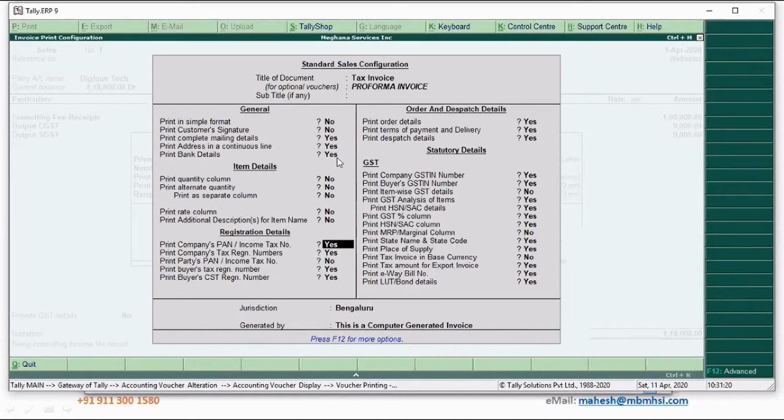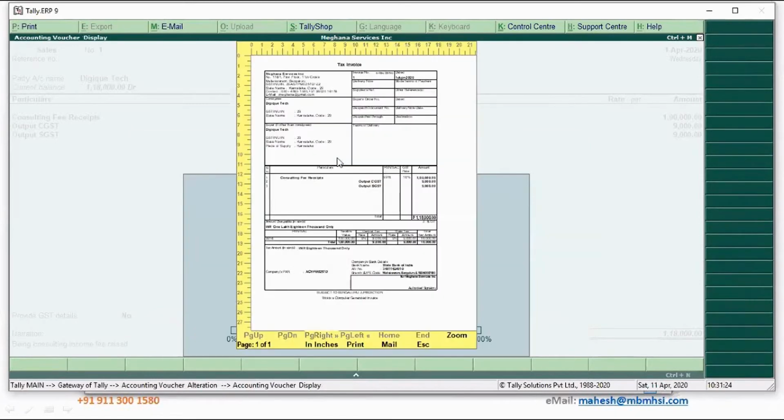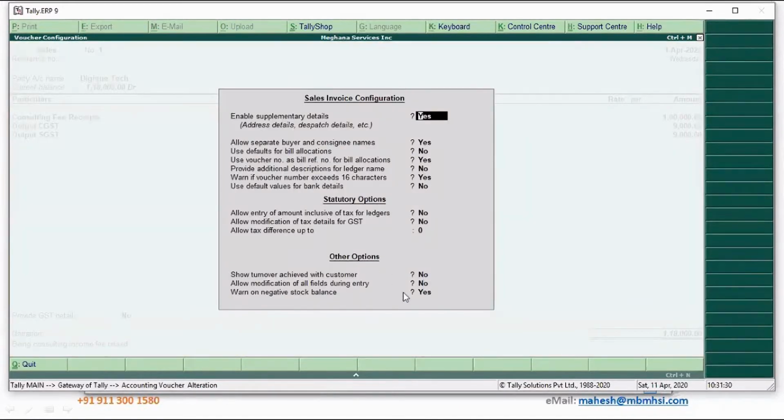I could also do one more thing since I'm into the service business. So let me come back. Here on F12 on the sales invoice, I could specify provide additional descriptions for ledgers, because since I'm not using stocks, I want to provide additional description for ledger.